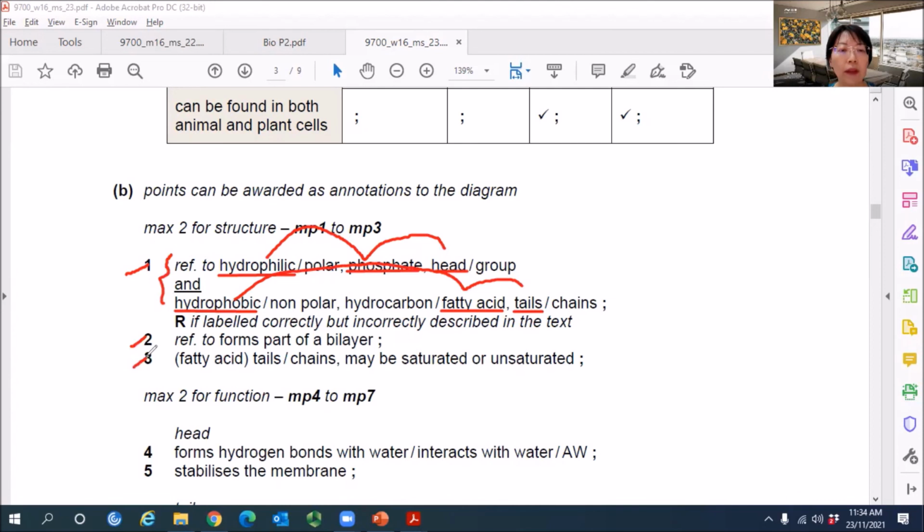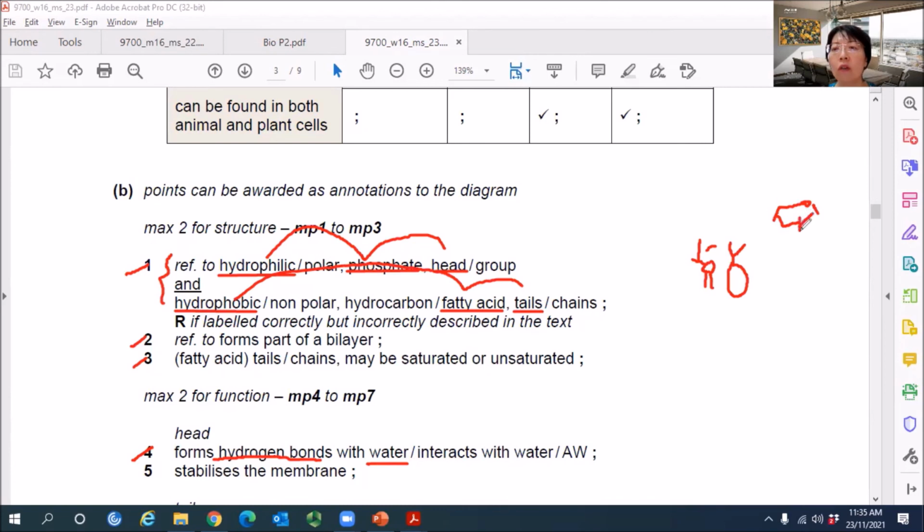And you can talk about the fatty acid tail being saturated or unsaturated. And then how is the phospholipid bilayer stabilized? It is stabilized by forming hydrogen bonds with water, or interacting with the water. This is the phosphate head; it will interact with the water molecule. Actually, there are some carbohydrate chains which can form hydrogen bonds with water, because the monomers of carbohydrate are sugar.